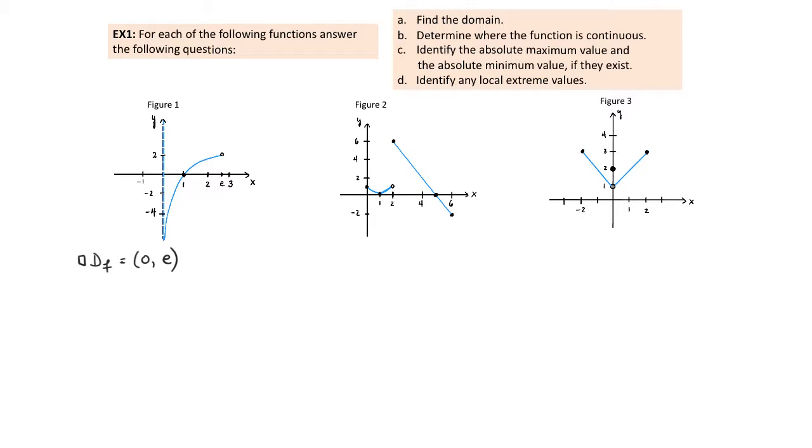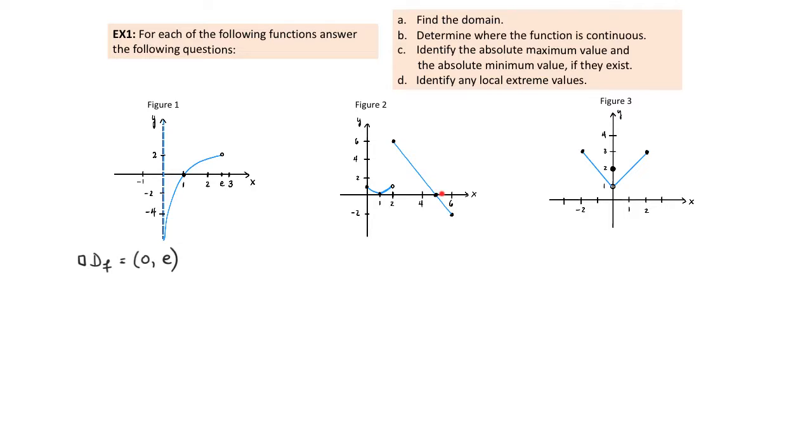For this function right here, again, we see that there is no graph when x is negative. Everything begins when x is 0. The graph goes all the way from 0. It approaches 2. We seem to have an open circle here. However, if you continue upwards, you see that there is a closed dot. So all of a sudden, 2 is in the domain of the function.